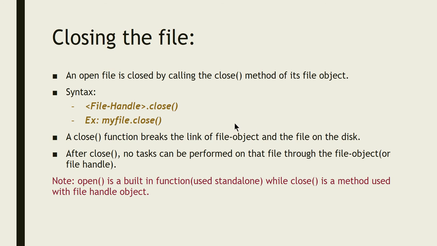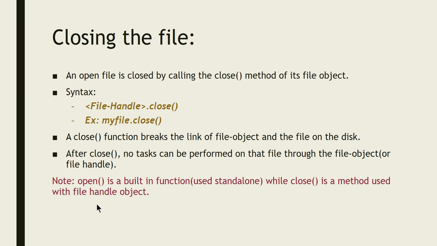Whenever you read or write, it is only through this myfile that you read or write data to and from the file. Once you break that connection, you can no longer use this name to read or write to that file. So after close, no tasks can be performed on that file through the file object or file handle.